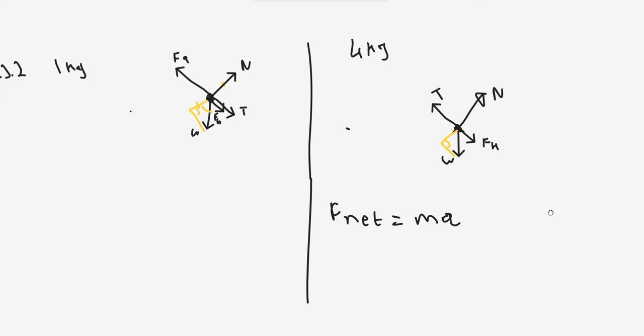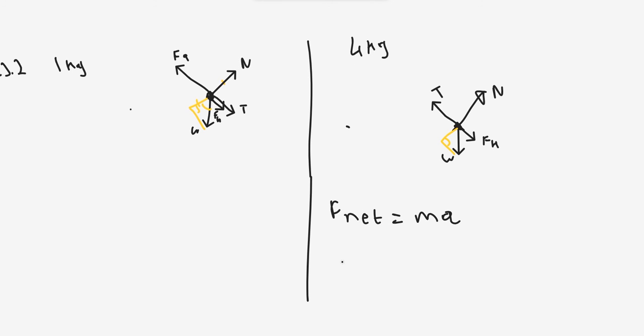Let's say down the incline is negative and up the incline is positive, or you can say the direction of motion is positive since the motion is going up the incline.